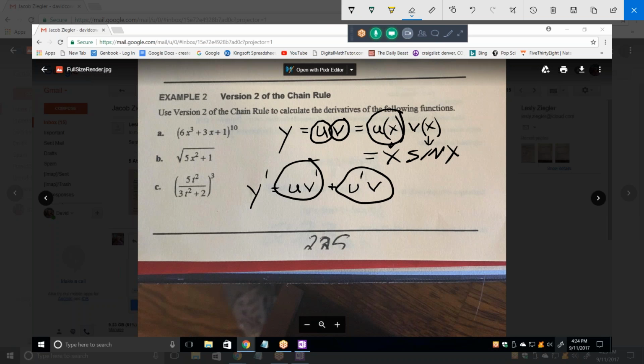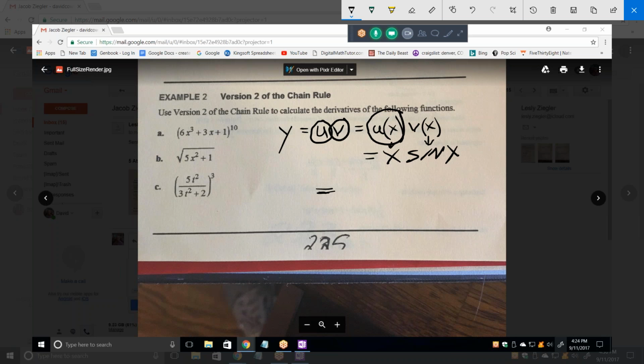Okay, now let's try it on this function x times sine x. Now, I'm going to recommend something that not everybody recommends, but I think it's always the way to go. Even though the associative property holds when you're using the product rule, and you can do them in either order, I recommend always doing them in the same order.